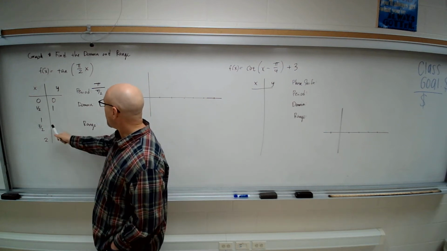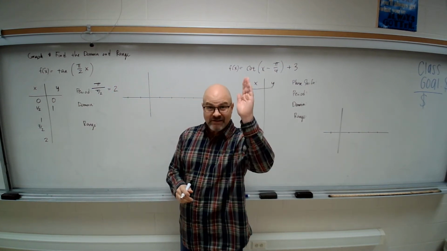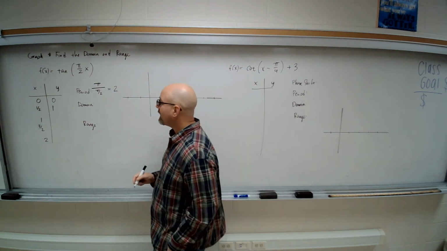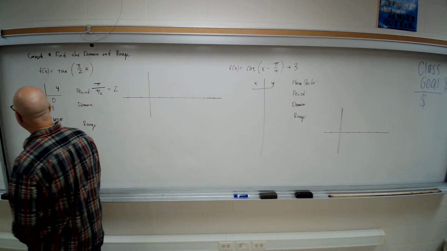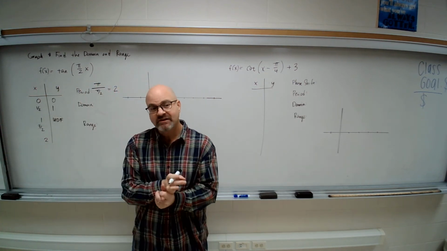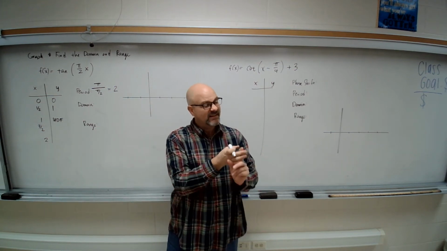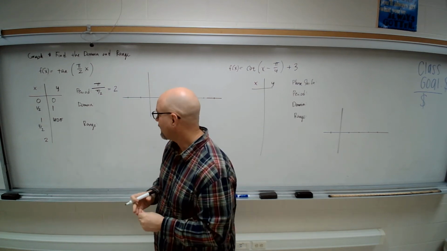So the next one is 1. That gives us the tangent of pi over 2. That's straight up on the unit circle, correct? And that's where it's undefined. So at a minimum, you should know the tangent of 0 is 0, the tangent of pi over 4 is 1, and the tangent of pi over 2 is undefined. You may not know the other ones as well.